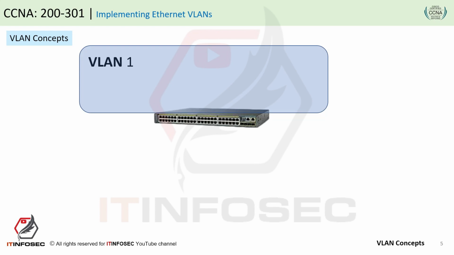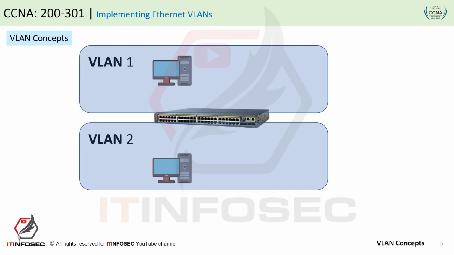To achieve that purpose, we can have the switch like this, and we can create two VLANs. VLANs means virtual LANs. As I described in the previous video, we can make some VLANs in the switch by command line and assign some ports to each VLAN by the command line as well.